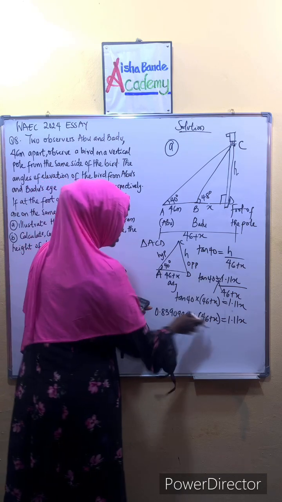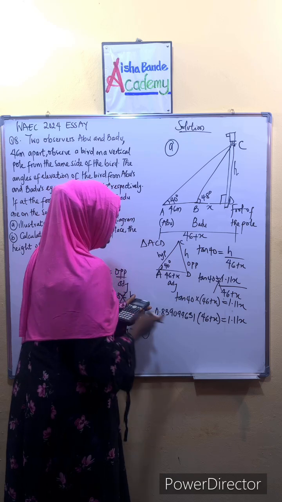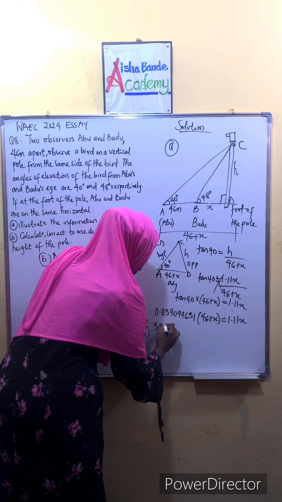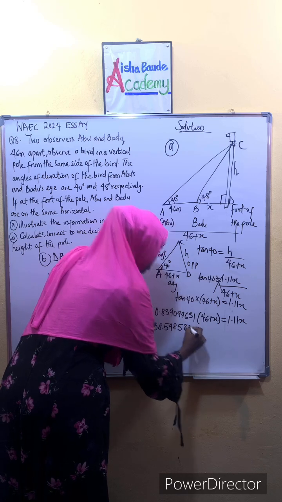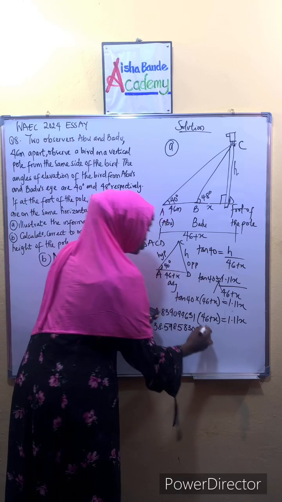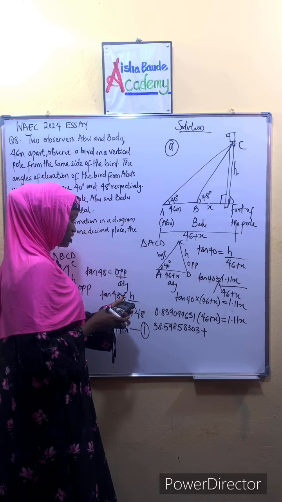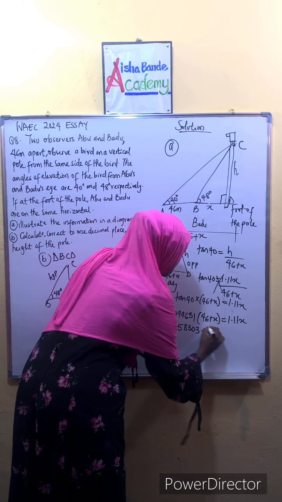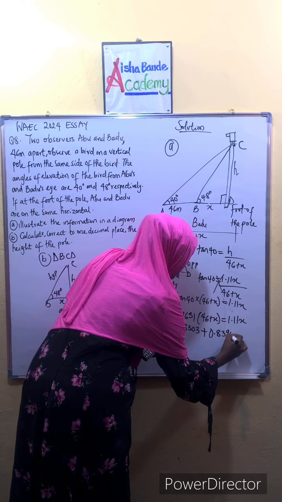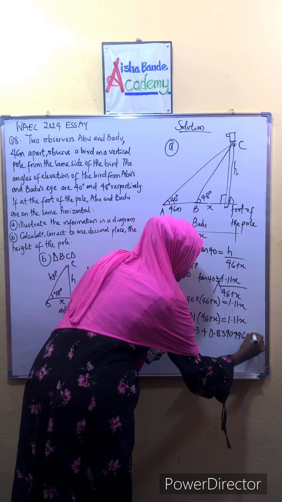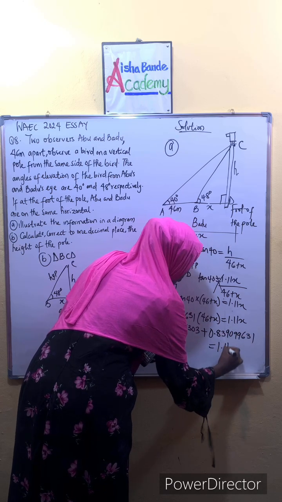So we multiply this now times 46. This gives us 38.59858303. So plus, what we are doing now is expanding the bracket. So we have plus this number times x, which is 0.8390999631x, is equal to 1.11x.